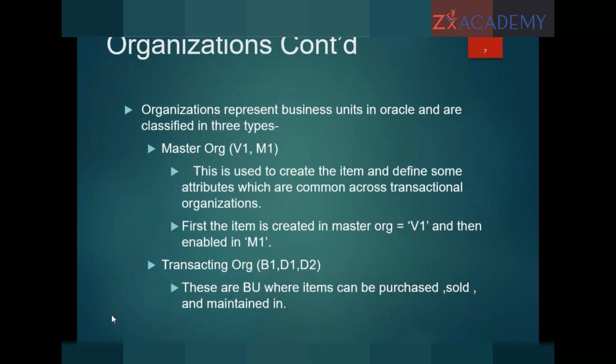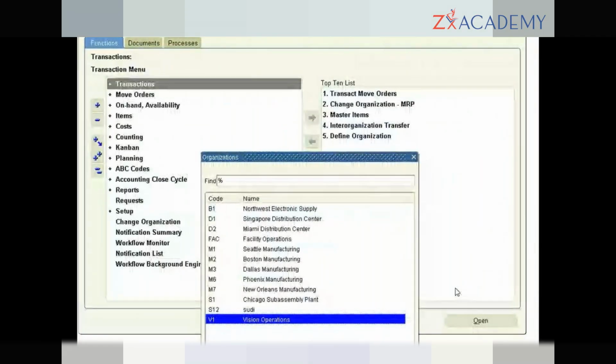Suppose we have the master org as M1, which acts as your validation org, and the transacting orgs will be different, like B1, D1, D2, where you can purchase, sell and maintain it. So this is the org's perspective. This is the one we have in the Vision Operations system, this organization setup.